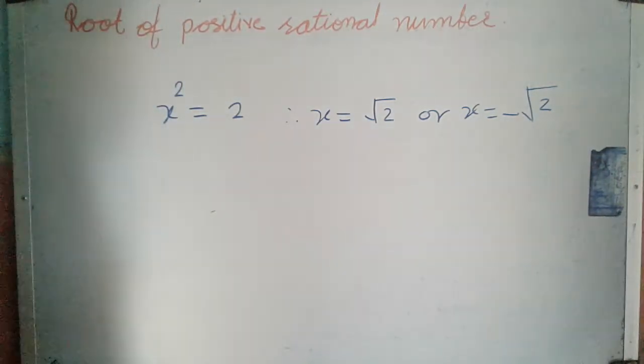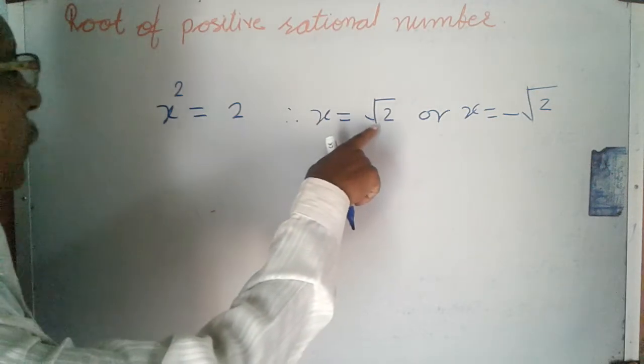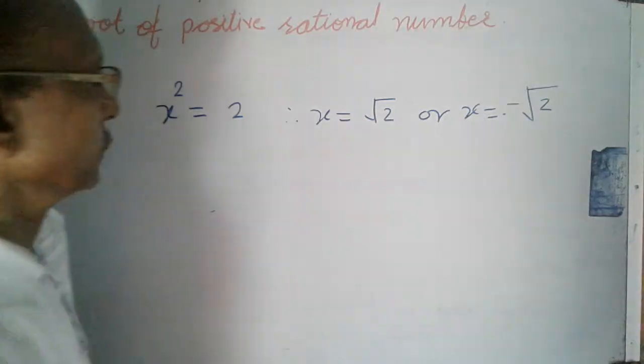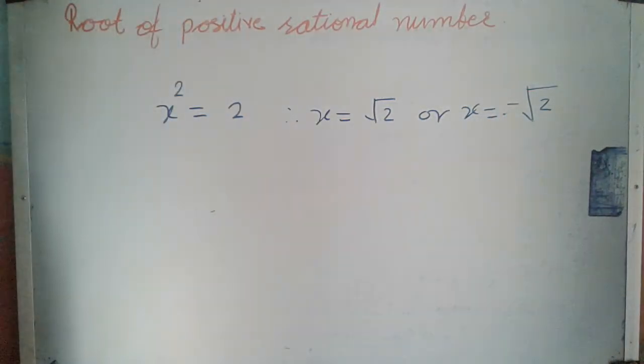That means we have two square roots of 2, root 2 and minus root 2, and both are irrational numbers.